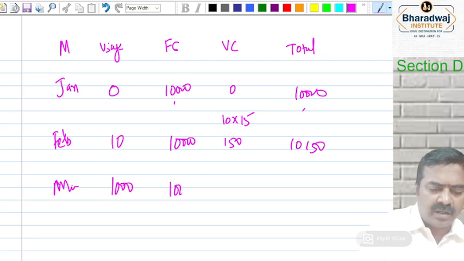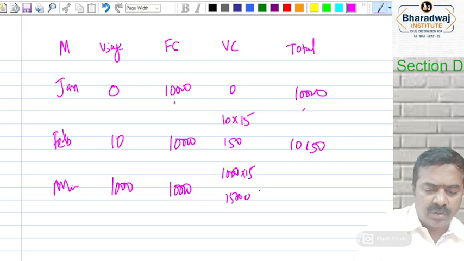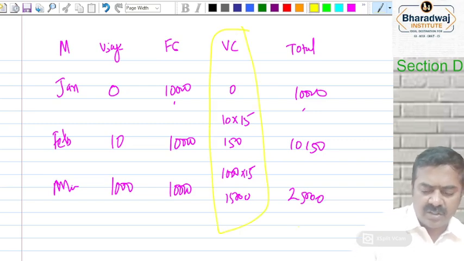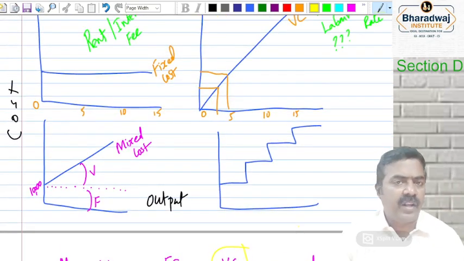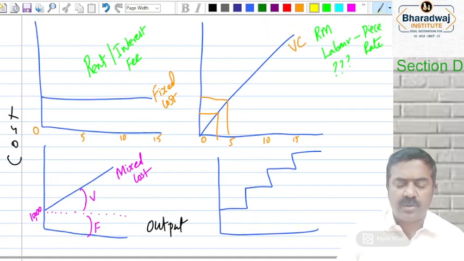This will be 10,000, and 1,000 into 15 is 15,000. Total will be 25,000. So which portion changes? Only the variable portion will change. Fixed cost will remain the same. Variable cost will change according to the usage or output. That is called which one? Mixed cost.